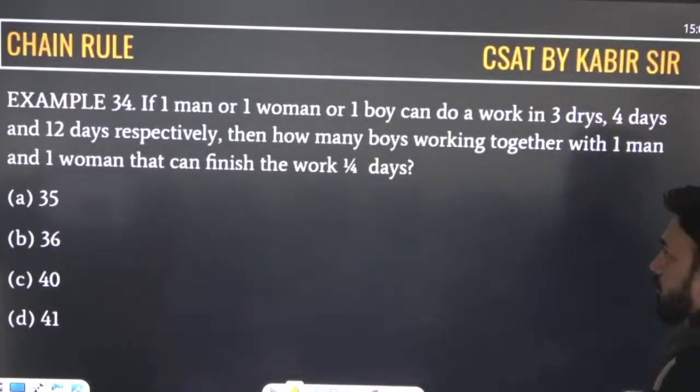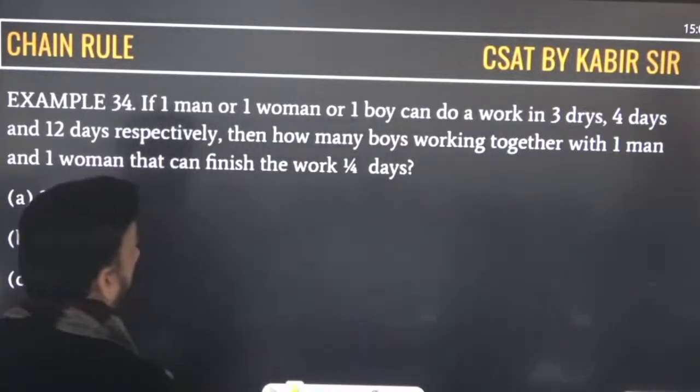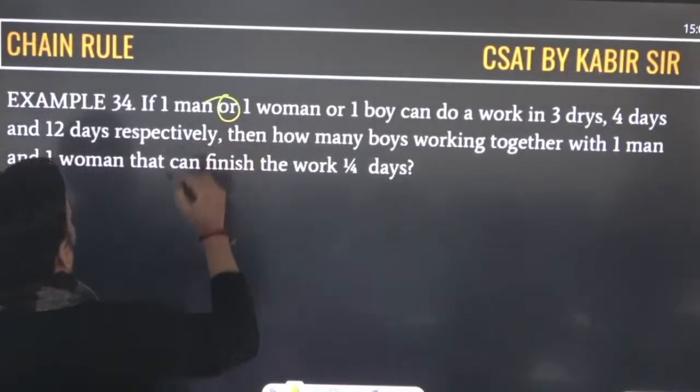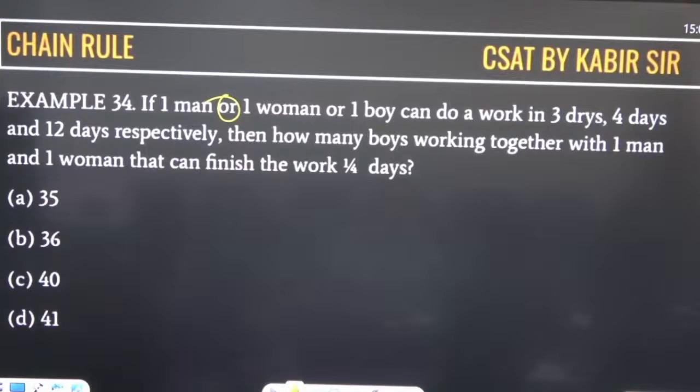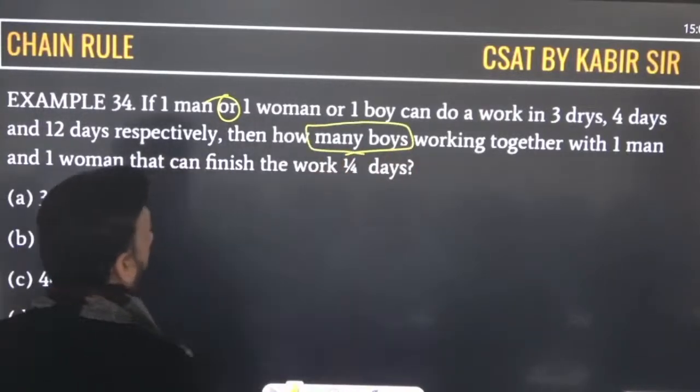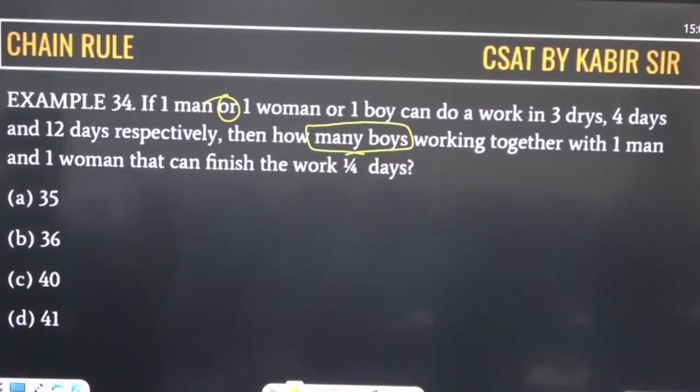Now solve this question. Here they have given that one man or, you have to focus on this, or is given. One man or one woman or one boy can do a work in 3 days, 4 days, 12 days respectively. And how many boys working together? In this question they are asking about the boys, how many boys they need with one man and one woman that can finish the work in 1 by 4 days.